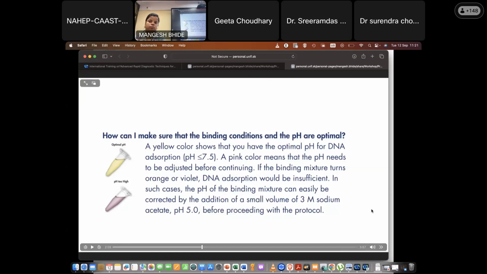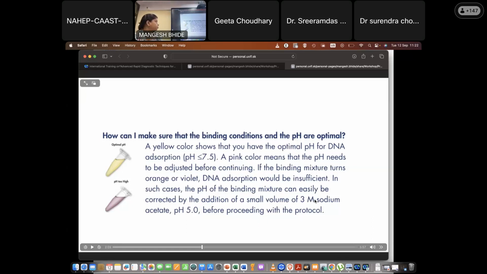It will disintegrate your agarose. The main thing is that the addition of guanidine thiocyanate should not be less. You can add more, but you should not add less. For example, if you have 100 milligrams of gel, never add only 100 milligrams, always a minimum of 2 times more. Otherwise your gel will not be solubilized, and everything will be lost in the unsolubilized gel. So this is a very important step.